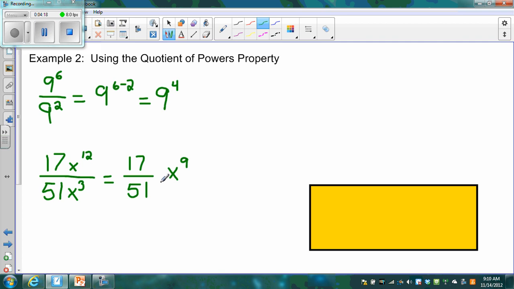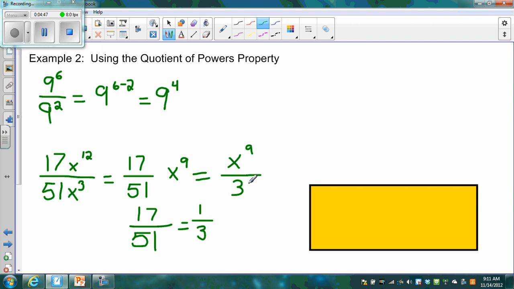Then, from the previous section, we learned how to simplify fractions. 17 is a prime number, but it goes into 51 3 times, so we can simplify this to x to the 9th over 3, because 17 over 51 simplifies to 1/3.